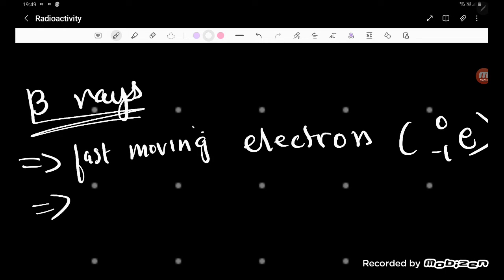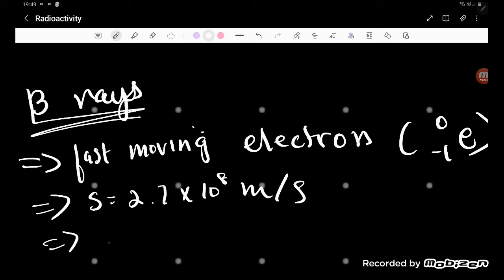The next point is speed. Speed is 2.7 into 10 to the power 8 meters per second. Third point is mass. It is equal to the mass of an electron.